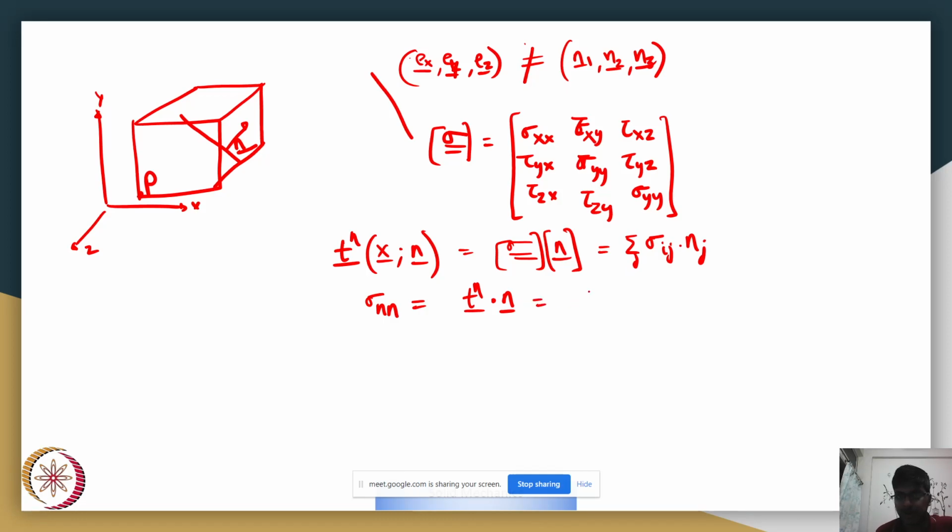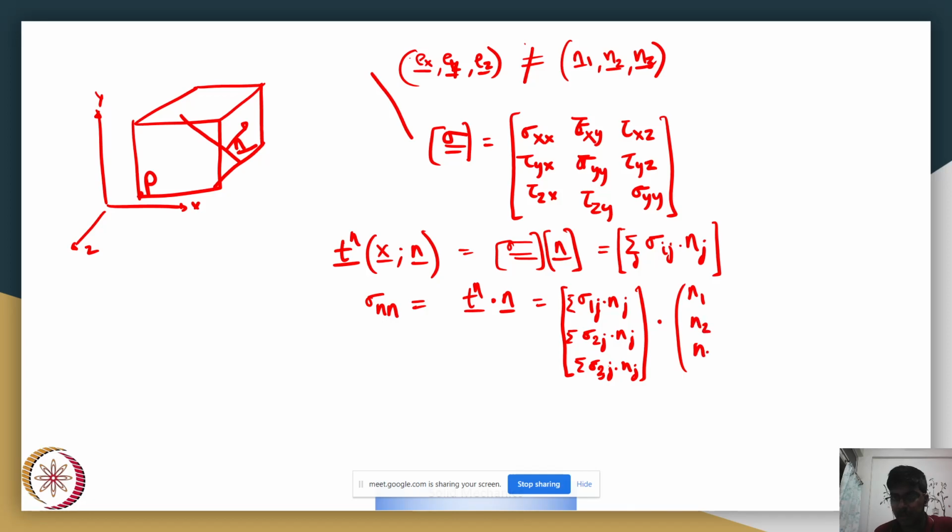So this is sigma 1j nj, sigma 2j nj, sigma 3j nj, dotted with n1 n2 n3, which can be written as the summation over j of sigma ij nj times ni.